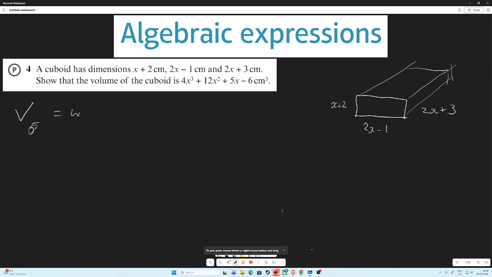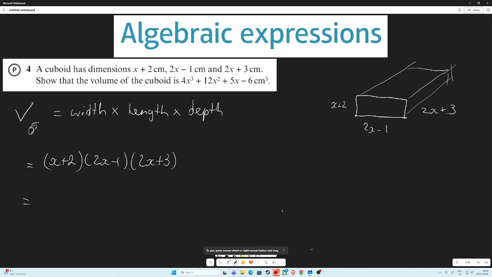Okay, the volume of a cuboid is simply width times length times depth. So let's multiply it. We'll have x plus 2 times 2x minus 1 times 2x plus 3. So that's just x plus 2 times 4x squared plus 6x minus 2x, so that's plus 4x minus 3. Let's do our grid, so it's 4x squared plus 4x minus 3, and x plus 2.